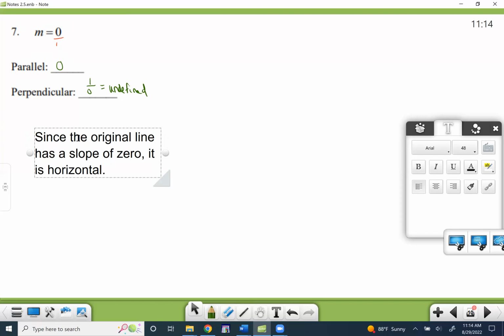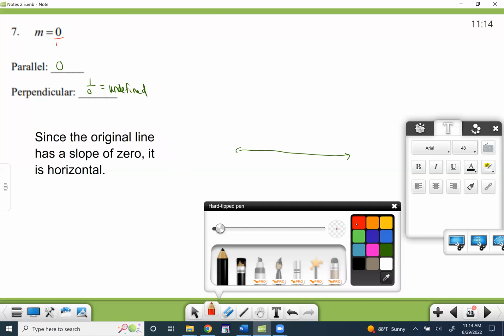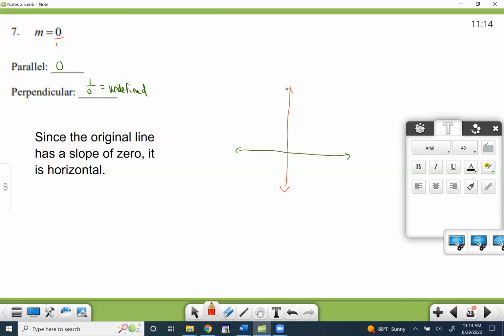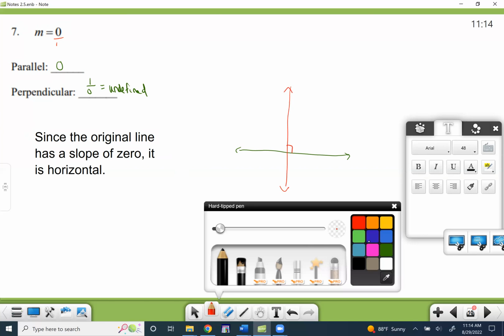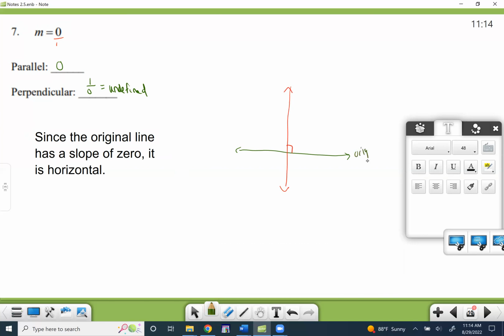Okay. Now, if I have a horizontal line and I want a line that's perpendicular to that one, well, in order to make a 90, I'd have to go straight up and down, right? So this is our original, which has slope 0. And then this one is going to be the perpendicular line.